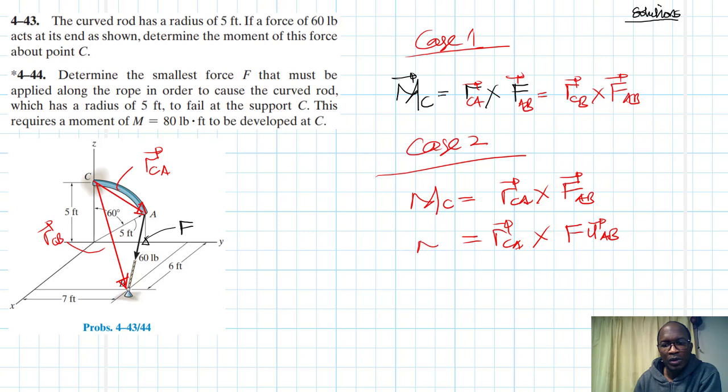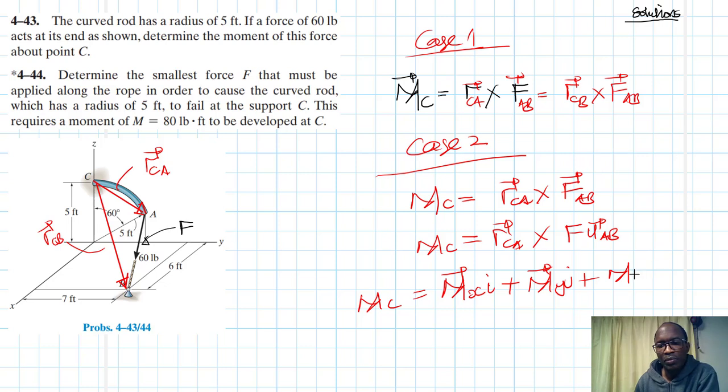Once we find this, we are going to do the cross products, and then we're going to use Pythagoras to find the magnitude. So we'll have a moment Mx i plus My j plus Mz k. These are magnitudes.